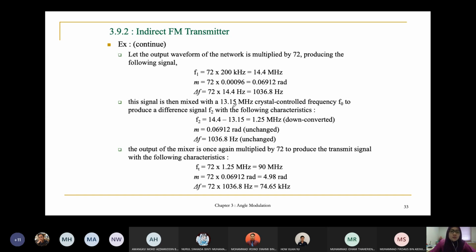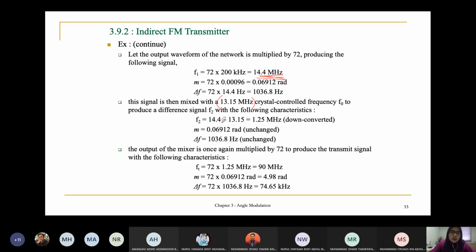If you look here, in the mixer and down converter, the frequency of FO is given by 13.5 megahertz. So therefore the output of the mixer and down converter will become 14.4.